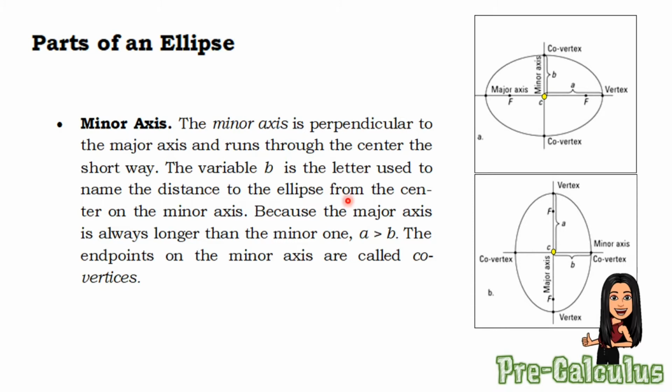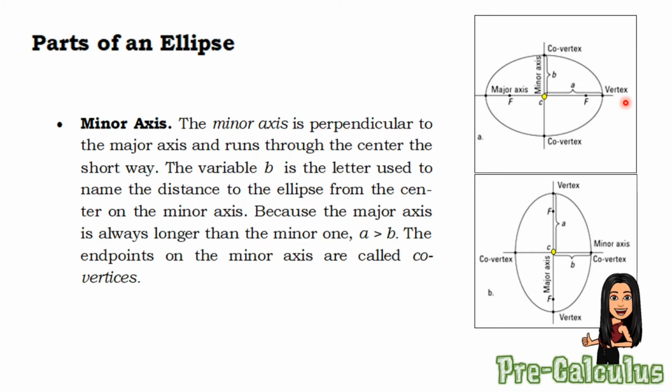So if we are to look on our graphs here on the right side, so yung ating first graph, it is an ellipse which has the center at the origin and it is horizontal. So if it is horizontal, the major axis lies on the x-axis since our center nga is at the origin.